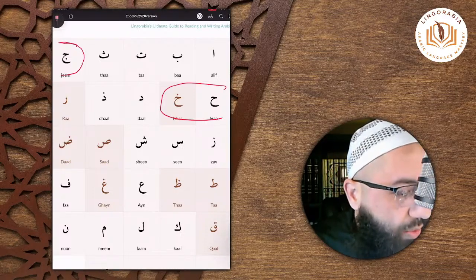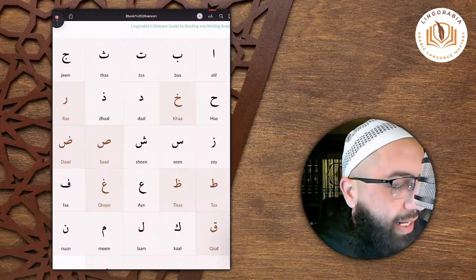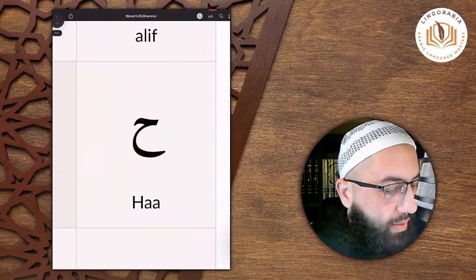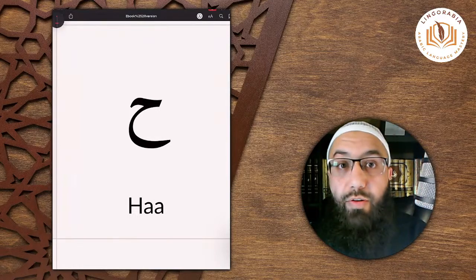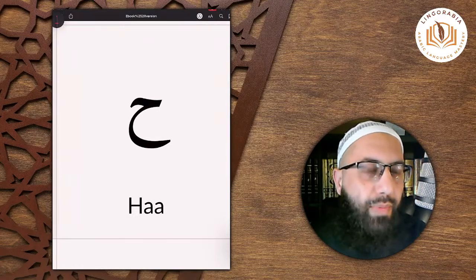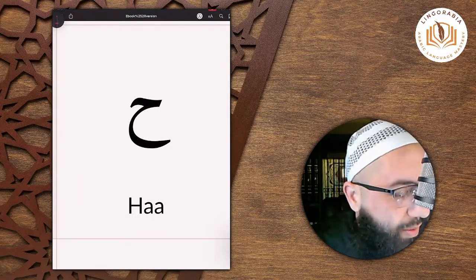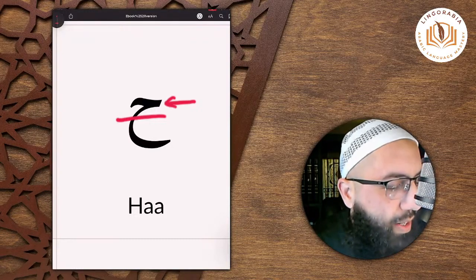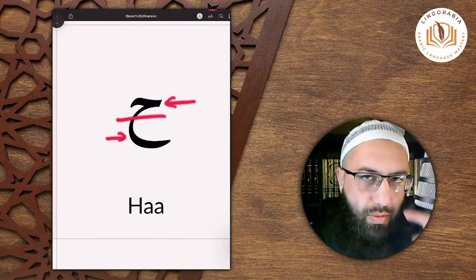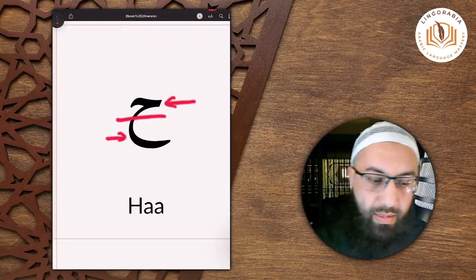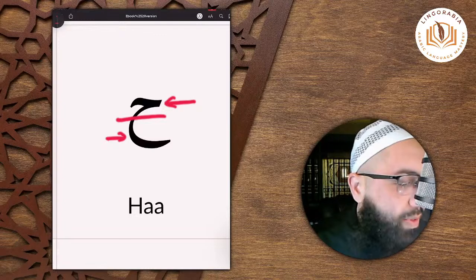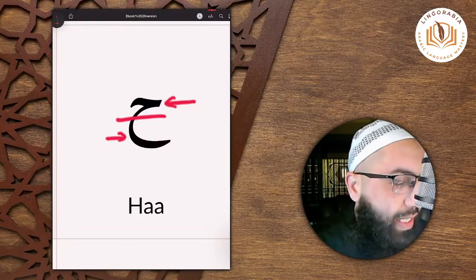So we go now to the letter Ha. As you can see, from the perspective of the shape, it is exactly similar to the Jim. We say the upper part and the bottom part, and we will come to this, because it will be relevant for us later on in our lessons.